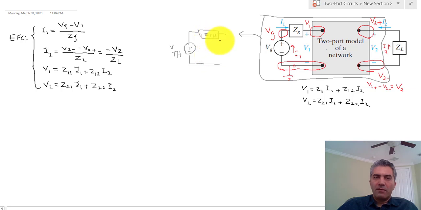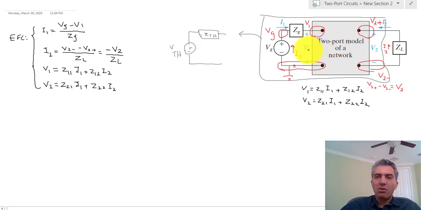And for Z Thevenin, you turn off any independent source in the circuit and then look back and calculate the equivalent impedance. The process could go like putting a test voltage here, looking at the test current going in and dividing the two by each other, and based on that you get Z Thevenin. So we're going to do the same.